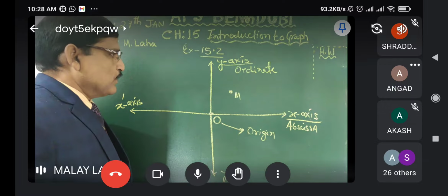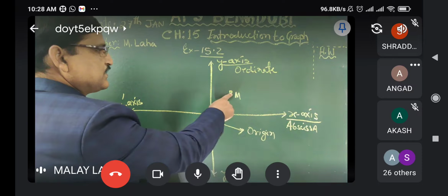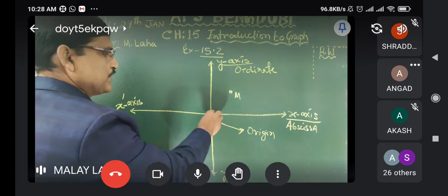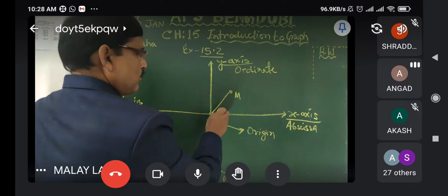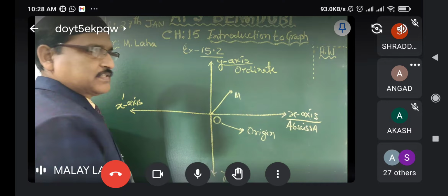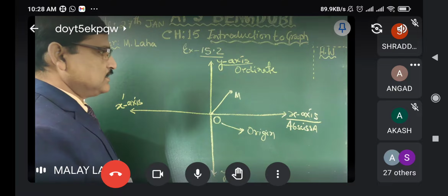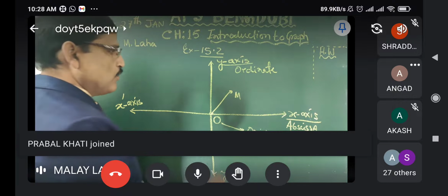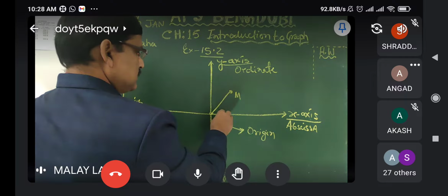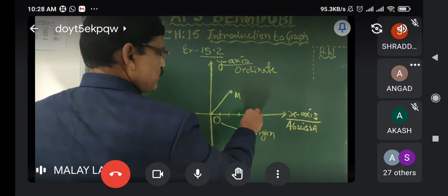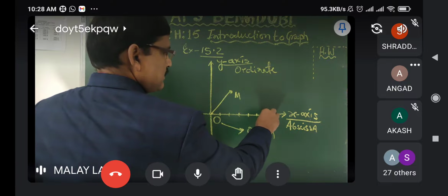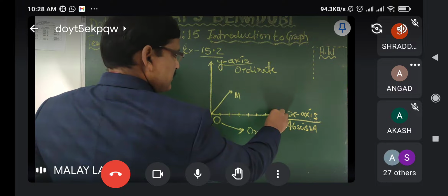Okay. So suppose I have to measure the distance of M from the origin. यहीं से ये कितने दूर है? To measure the distance, we have to first move parallel to this. This is 1 centimeter, 2, 3, 4, 5, 6, 7 centimeter.